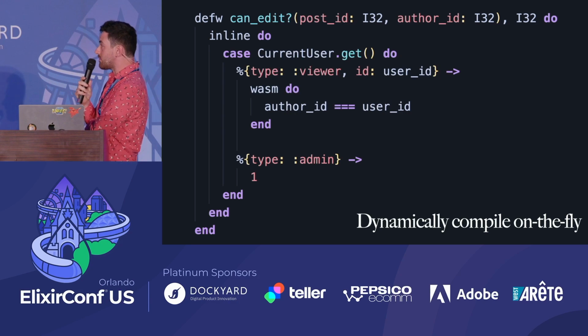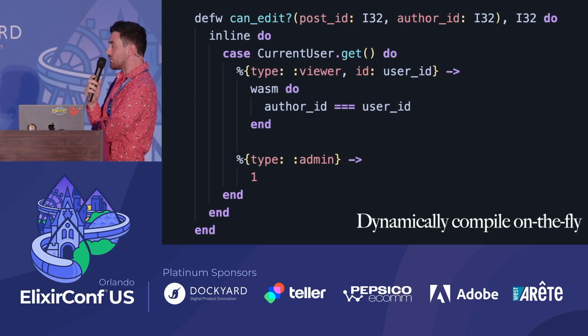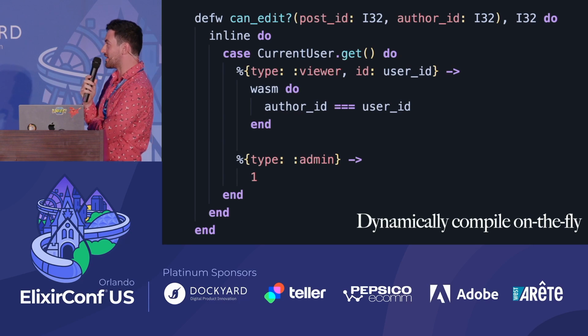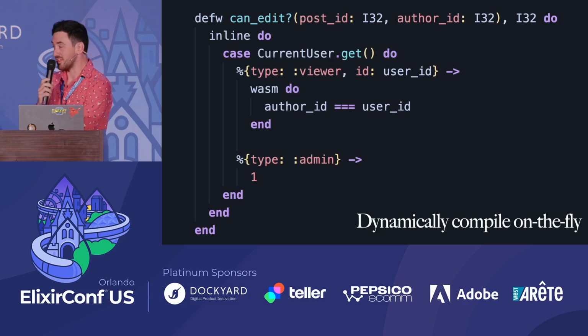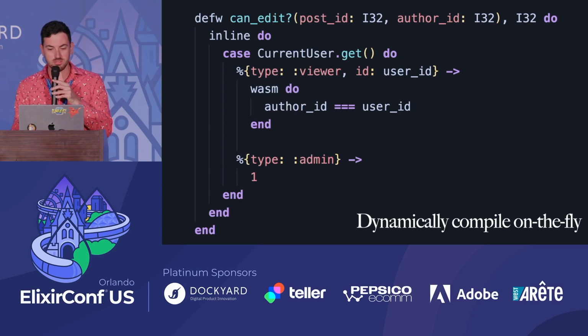And then you can see at the bottom there, type admin. So admins can do everything. And so I just say 1, which is basically just saying true. I haven't decided yet whether to make true into just 1, but everything's an integer. So yeah, we just return 1, which is basically just saying yes, all the time you can edit if you're an admin.